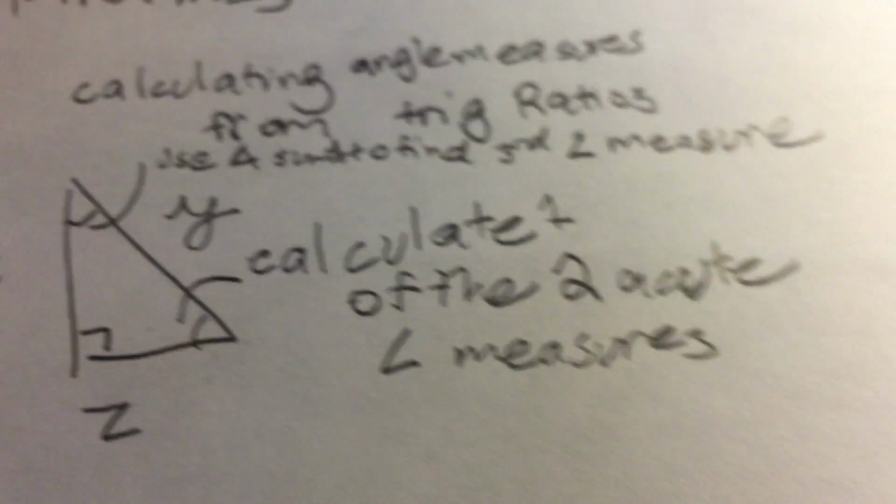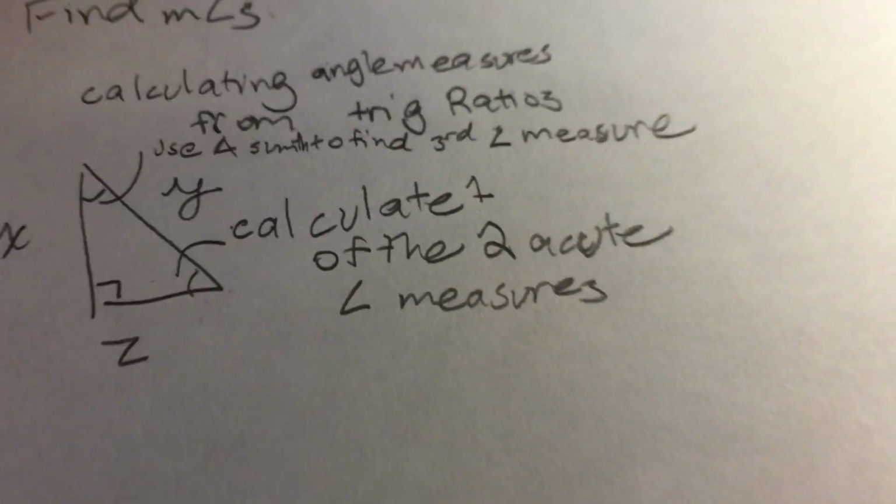I'm making this super small. You don't have to make it this small. But that's not what we're doing today. We're using trigonometric ratios. It's horrible video quality. I'm sorry. So, okay, I'm just copying all the notes here.